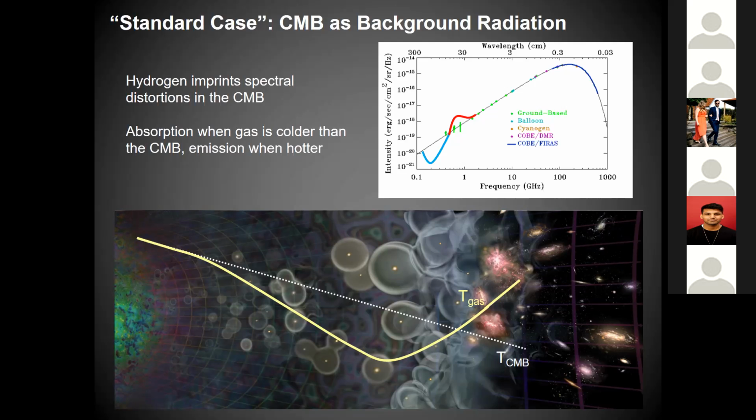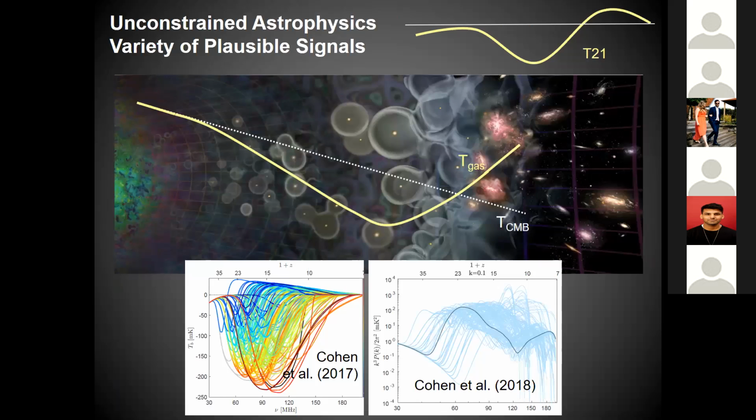So in our previous works, we varied astrophysical parameters for this model in very wide ranges and came up with these scans of the variety of signals for the global signal and power spectra that populate a vast part of the space in these gas temperature versus frequency diagrams and fluctuations versus redshift.